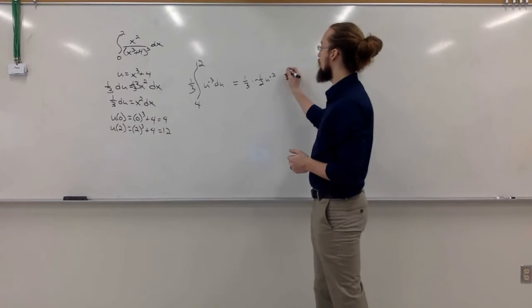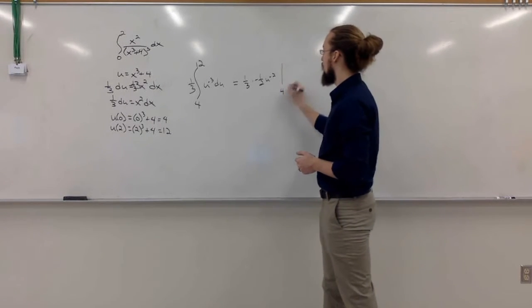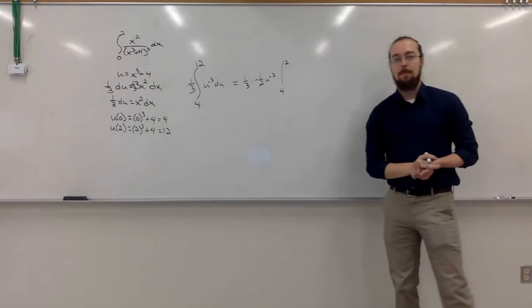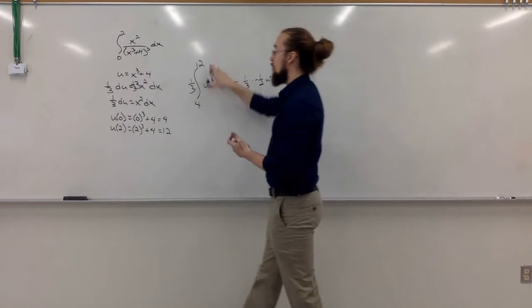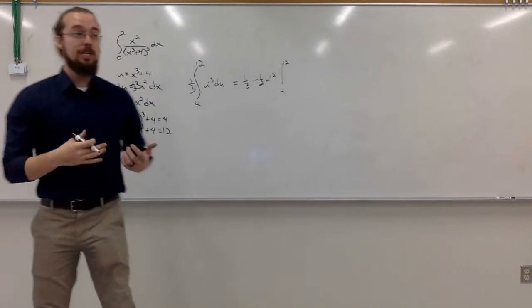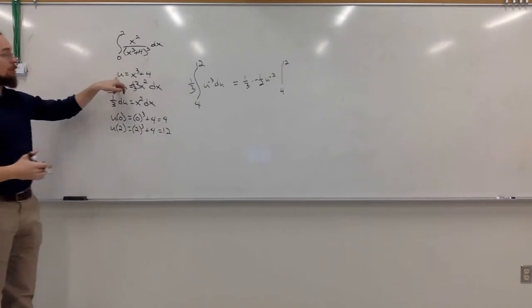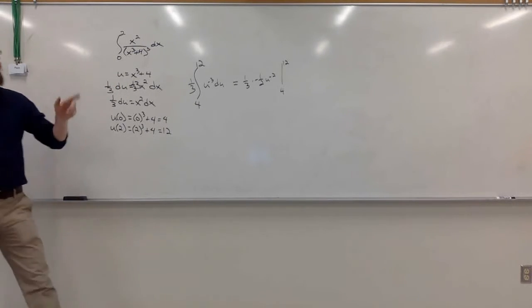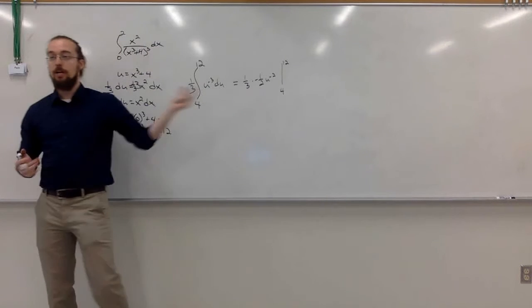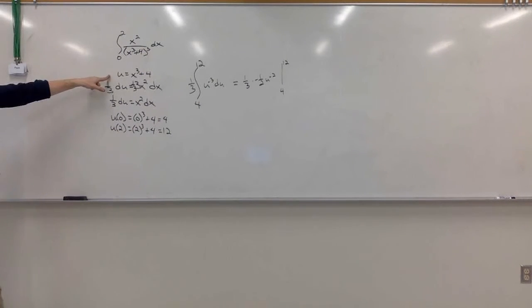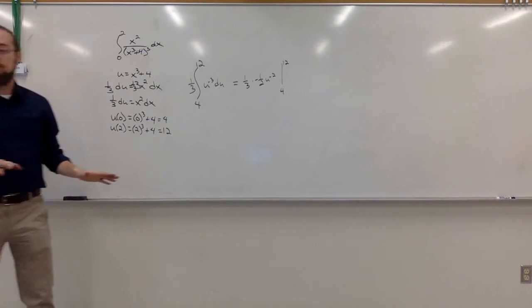We just want to now evaluate this from 4 to 12. Since I changed my bounds to fit my u substitution, I never have to plug my u back in now. I'm just going to plug 4 and 12 into this. I don't have to plug x cubed plus 4 back in ever.